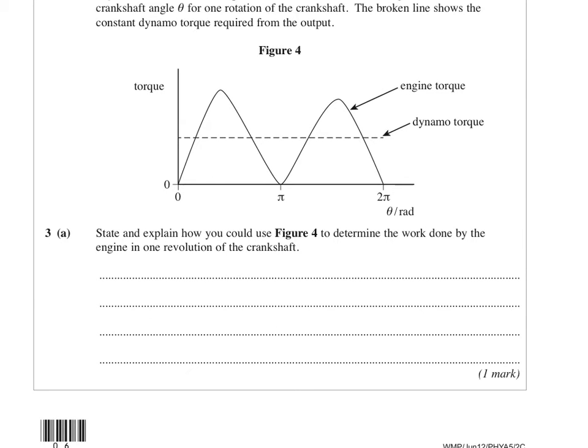So work done is torque times the angular displacement, so that's going to be the area under the graph, and it's asked for in 1 full revolution, so 1 full revolution is going through from 0 to 2 pi.